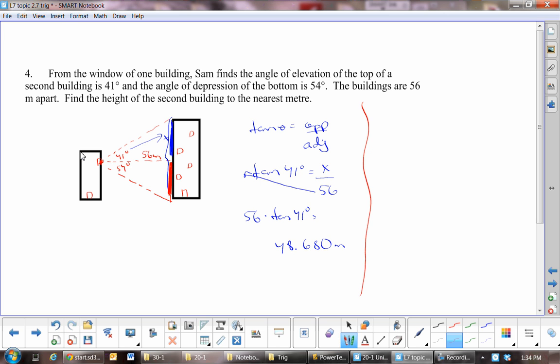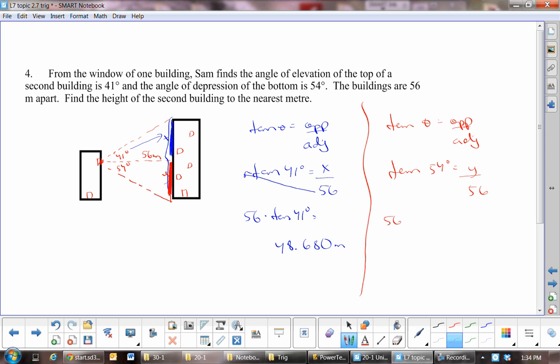Okay, so from angle of depression. Now again, we're looking for opposite, which is y. We know adjacent is 56. Oops, I should be doing my formula first. Tan theta equals opposite over adjacent. Tan 54 degrees equals y over 56.